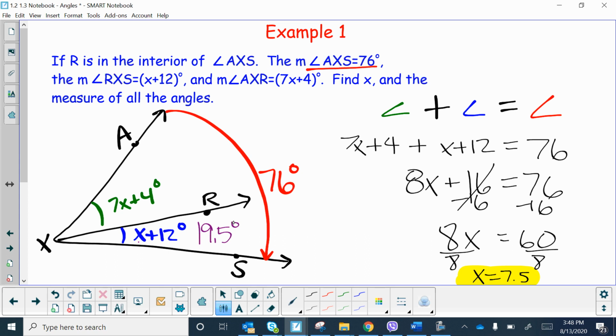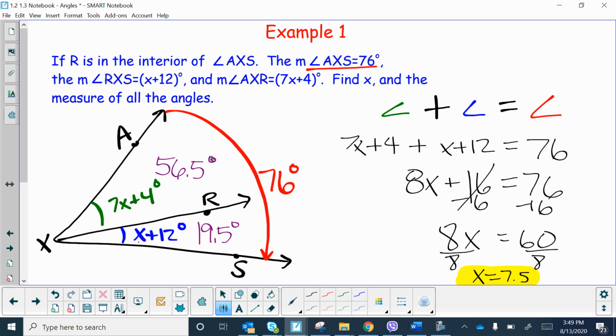You can do that in your head, right? So that's 19.5 degrees for angle RXS. And for this angle over here up at the top, I can just subtract 76 minus 19.5 degrees, and that's 56.5 degrees. So I found each angle measure, and I solved for x.